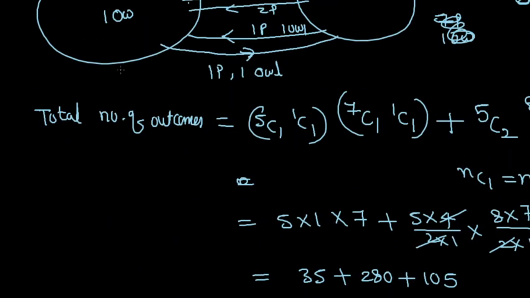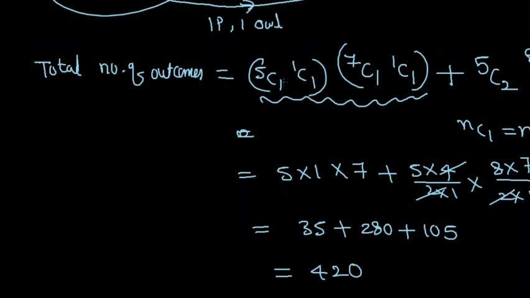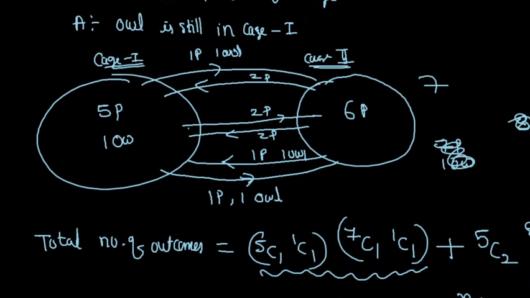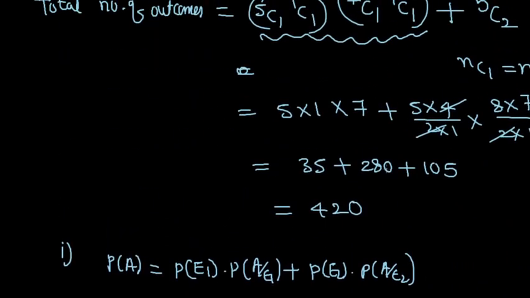Out of 5, we can write this: 5C1 into 1C1, which is 5 7s are 35. So the favorable case of E1 with the owl still here is 35, divided by the total number of outcomes, which is 420.